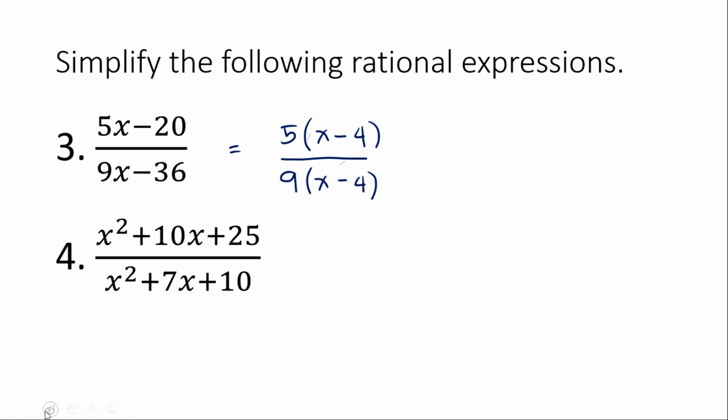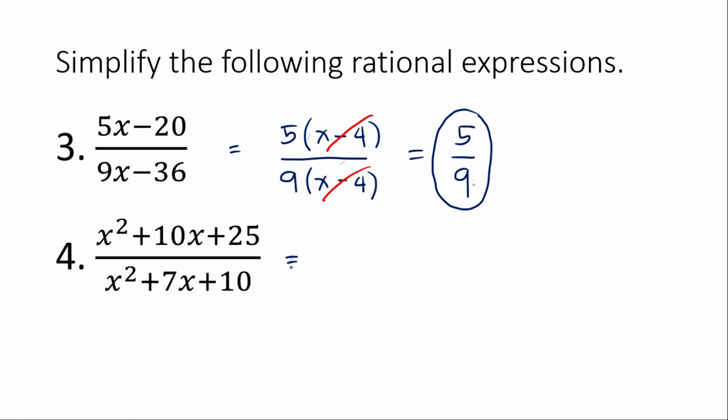So, pwede ulit nating ma-cancel out yung terms na similar sa numerator and denominator, or parehas meron, we have x minus 4. So, that will give us the final answer, which is 5 over 9. Check natin kung naka-lowest term na siya. Yes, it is. 5 over 9 is our final answer.